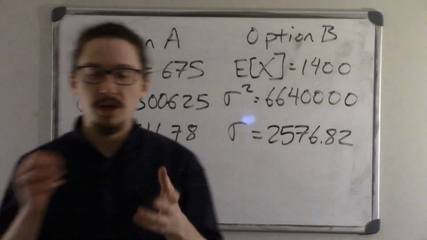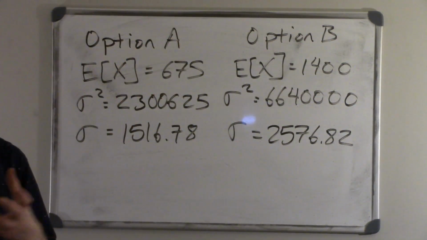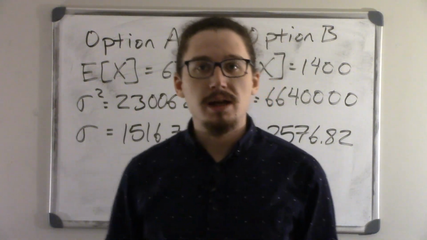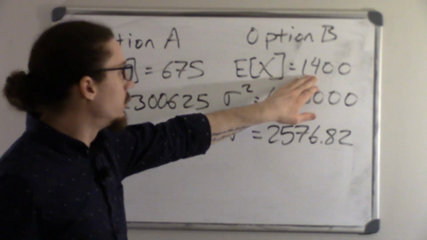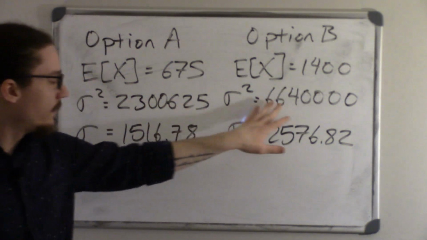The same is true for option B, except the value that it's going towards is $1,400. So if you just want the highest profit, and you are choosing between option A and option B, then you would choose option B.